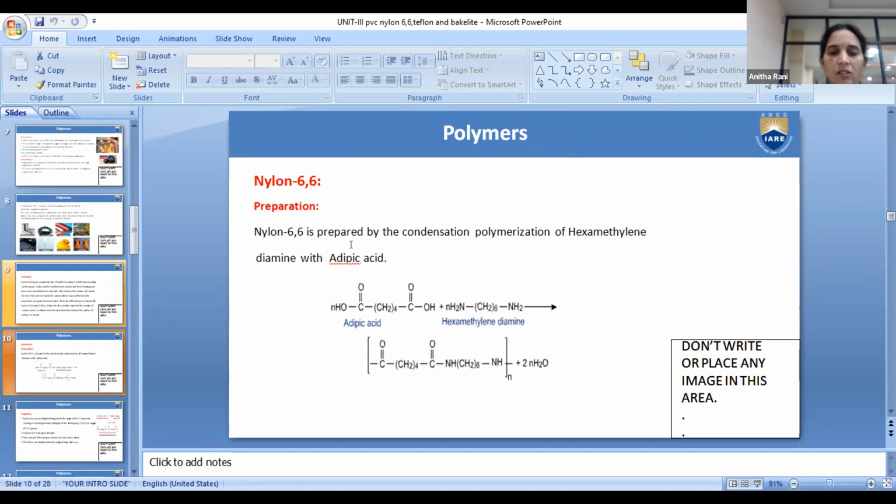When we go for condensation polymerization, removal of a water molecule takes place: OH from adipic acid and hydrogen from hexamethylene diamine, forming nylon 6,6. So this is the preparation of nylon 6,6. It is prepared by condensation polymerization of hexamethylene diamine with adipic acid.